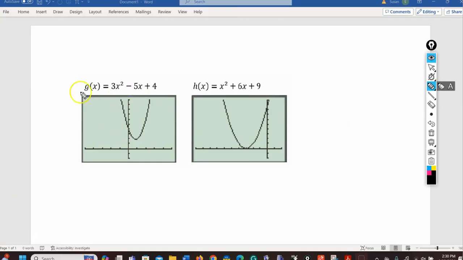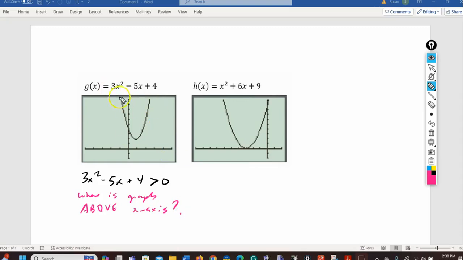So what sort of things could we be asked? Well, let's look at g of x. What if we were asked to solve that? What is that asking you? It's asking you, where is the graph above the x-axis?